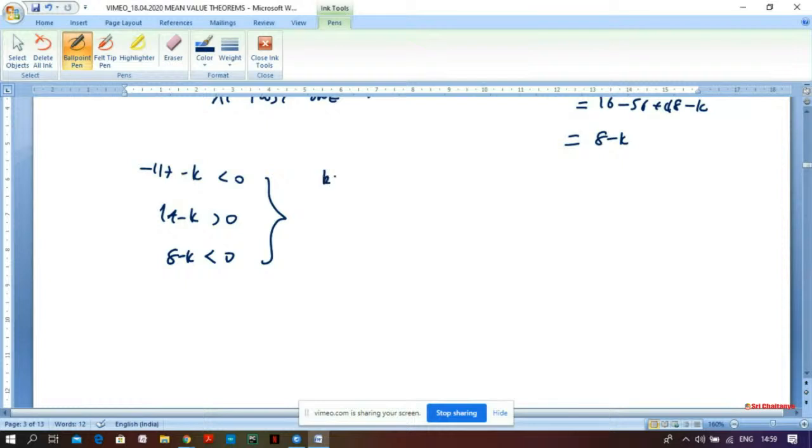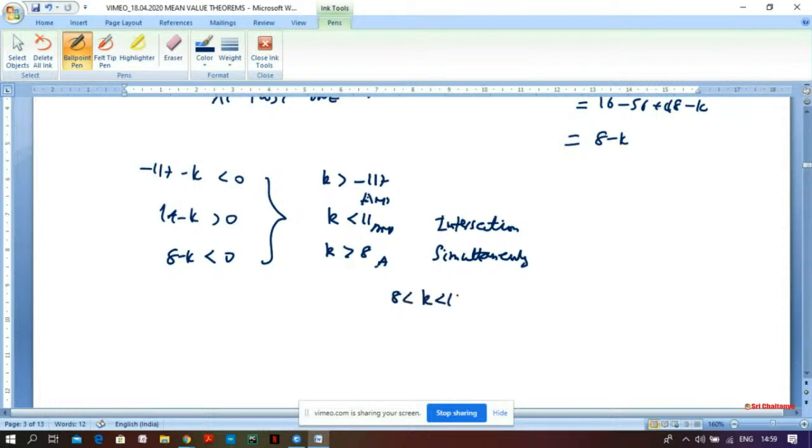This gives you k greater than negative 117. This gives you k less than 11. This gives you k greater than 8. If you take the intersection, because they must be satisfied simultaneously, all at the same time, it's like 'and', so you will find that 8 less than k less than 11.